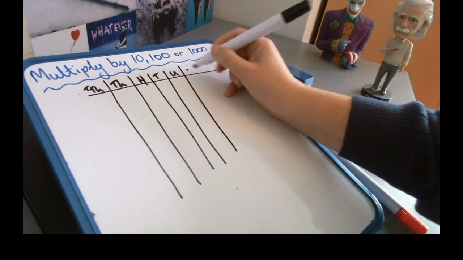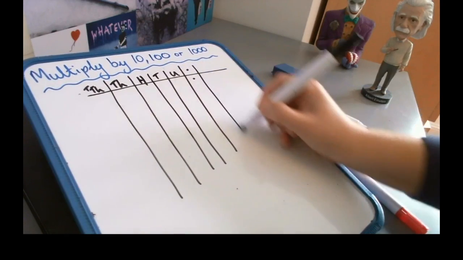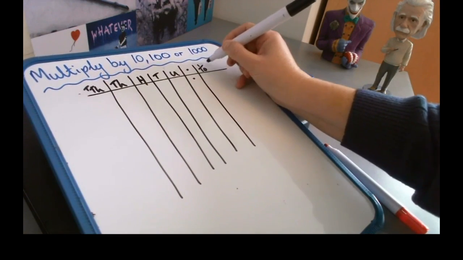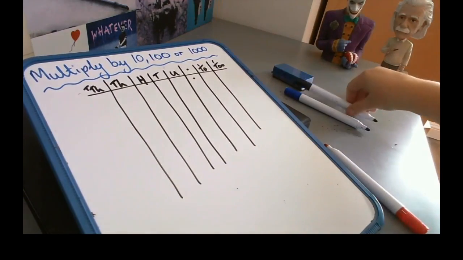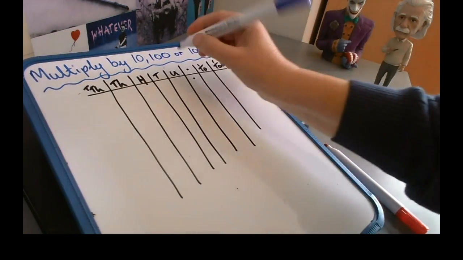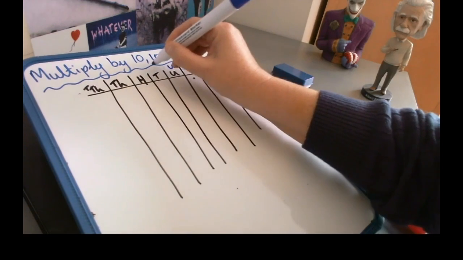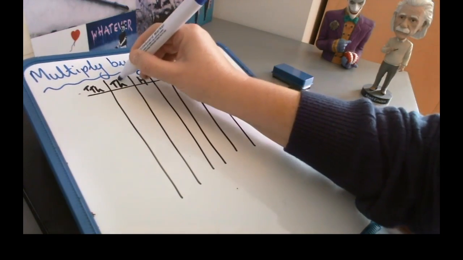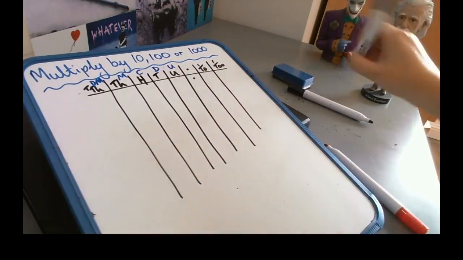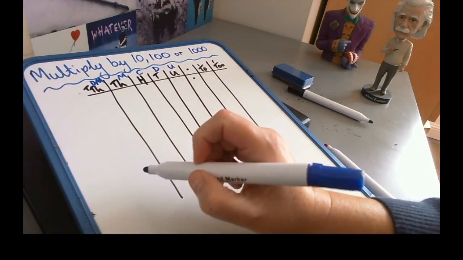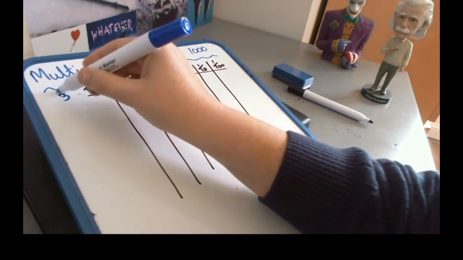I'm going to put the decimal point in there, and we've got tenths and hundredths, and I'm going to put the Welsh versions above so you can see. Unedau, degau, cannoedd, miloedd, deg, mil. Much simpler in Welsh.